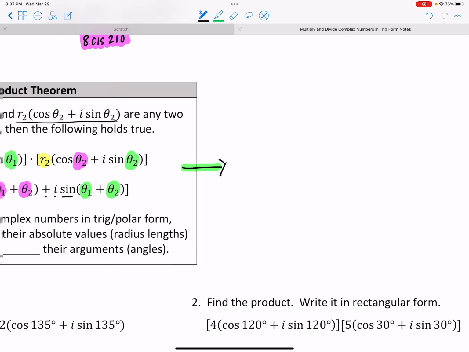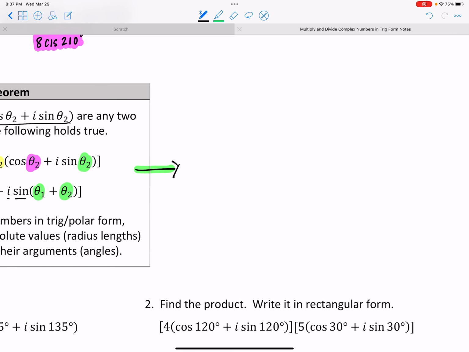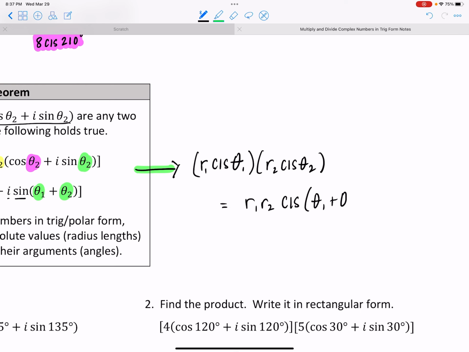So in compact form, what we're saying here is if I have r cis theta, and let's just call this r1 cis theta 1 because that's going to be the first of our two complex numbers, and I'm going to multiply that by the second, r2 cis theta 2, that product is going to be equal to r1 r2 out in front, and then cis theta 1 plus theta 2.